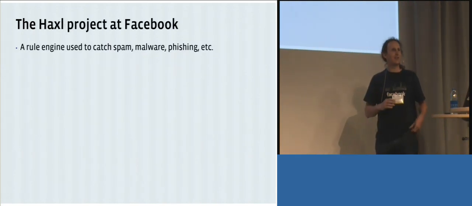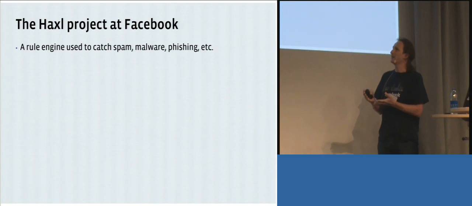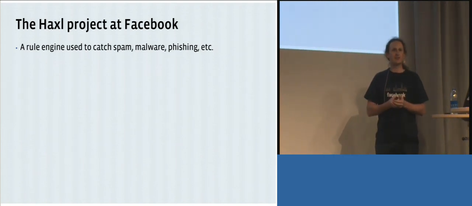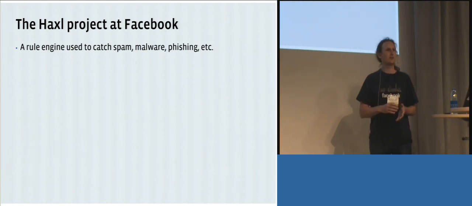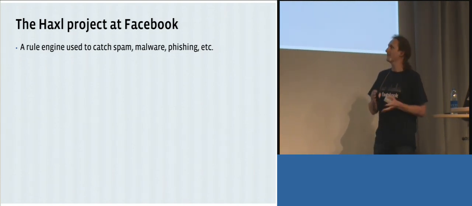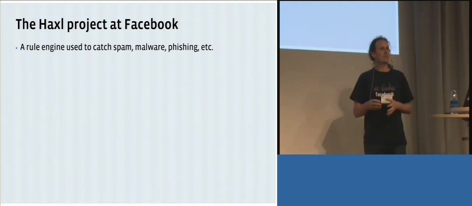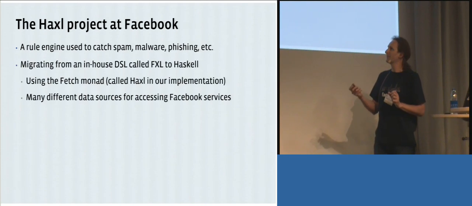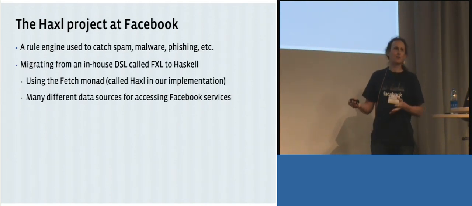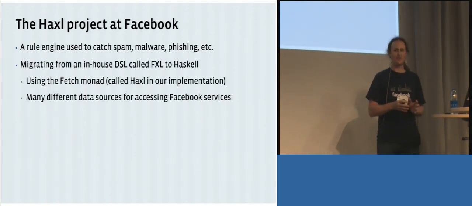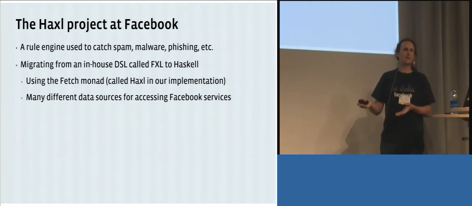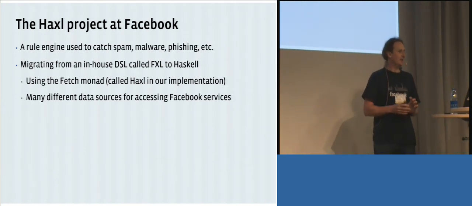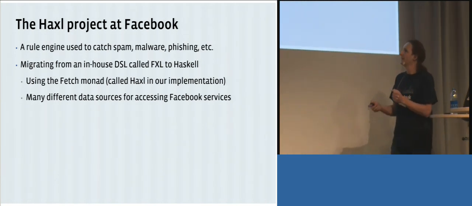The reason I developed this idea was that we're doing this project at Facebook called the Haxel project, and it's a rule engine that's been used for detecting spam, detecting phishing, all kinds of bad content that might happen on Facebook. The service embodies a large set of rules, and currently these rules are written in an in-house language called FXL, and we're translating all of that into Haskell using our fetch monad.